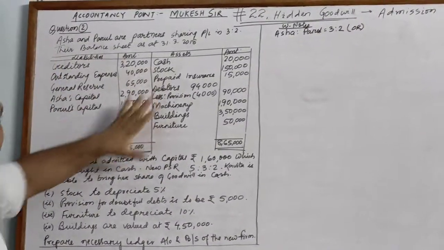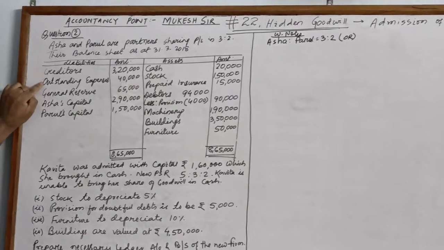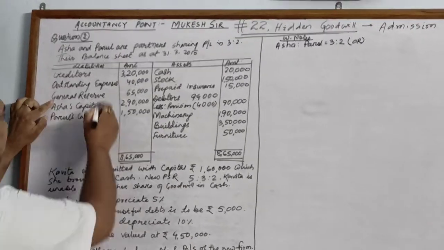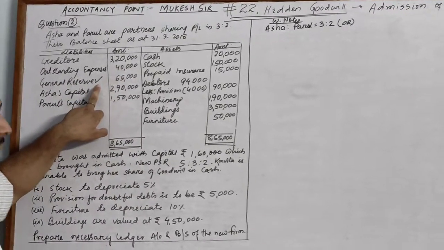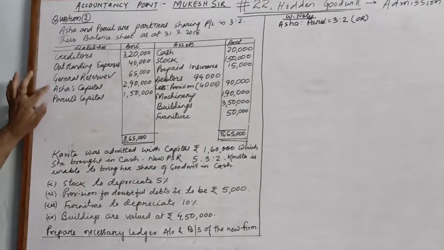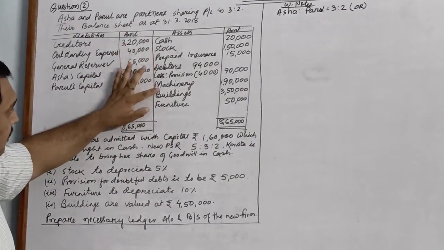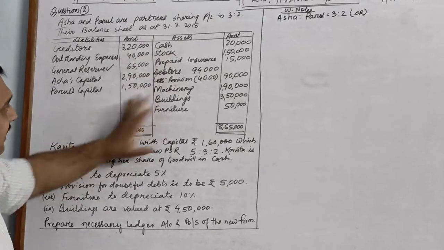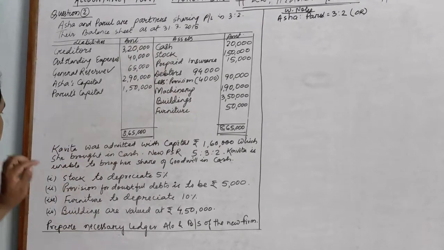Now this is the balance sheet. You are given creditors. This is a liability. Outstanding expenses are a liability. General reserve, I will put a tick because this I need to distribute amongst the partners. These are the two capital accounts: cash, stock, prepaid insurance, debtors, machinery, building, furniture. All these are assets and there is no need to write off any of the items.